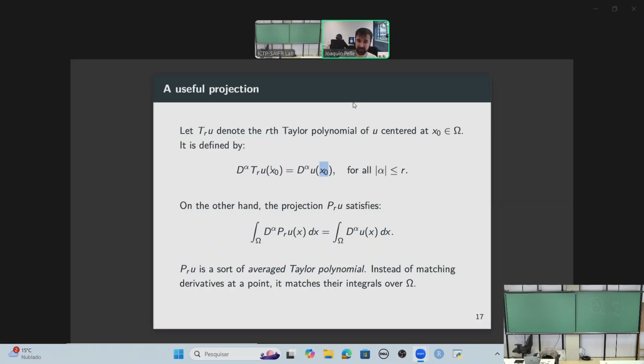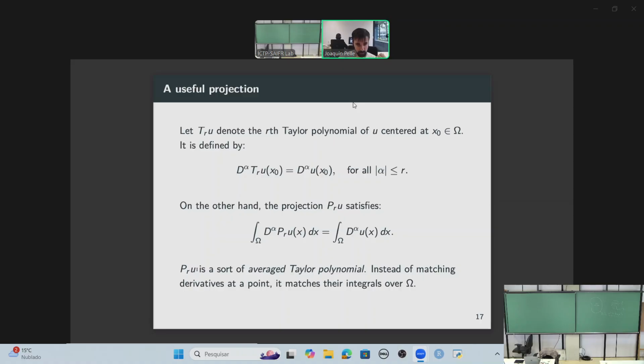So here we are essentially doing the same thing. Instead of the derivatives evaluated at a point, we are matching the derivatives averaged on the whole domain, right? But the idea is basically the same. And it works for the same reason, because the dimensions are right.